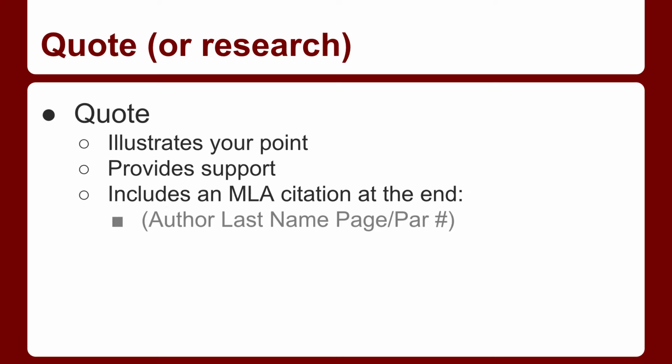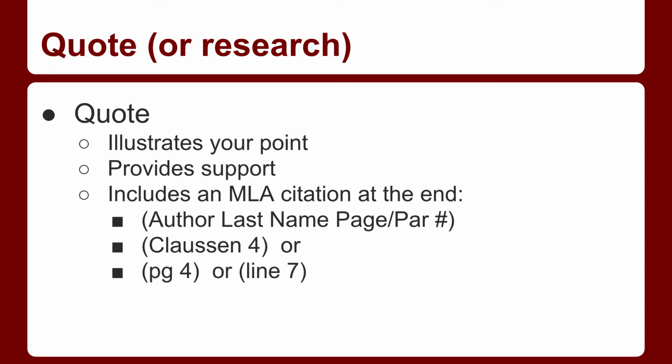It includes an MLA citation at the end, which is the author's last name and the page or paragraph number. In the case of the Odyssey, remember who the author is? Homer. And then you want to include what page and line number you found that. Okay, that's the quote or evidence with a citation.